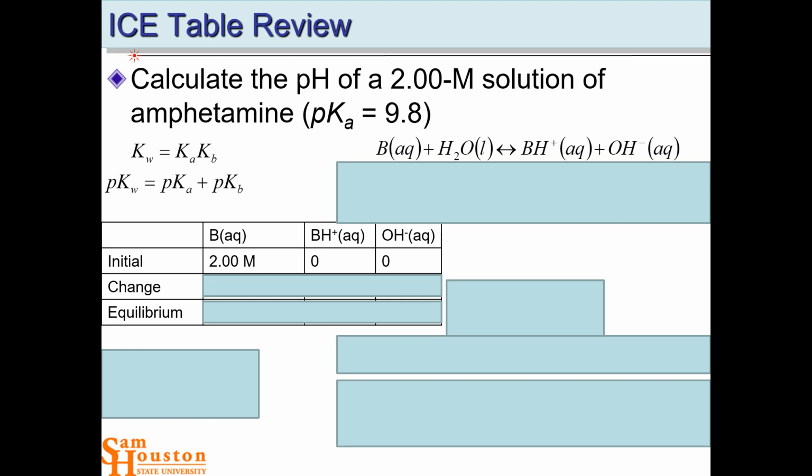So Ka is, in this case, 10 to the minus 9.8. So pKa here, 9.8. This right here goes there, 9.8. And pKw is 14. And so then we can find pKb.